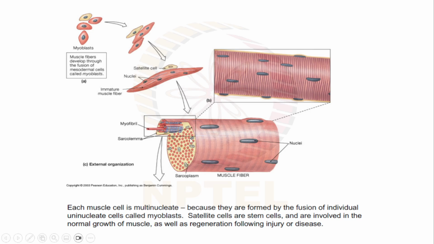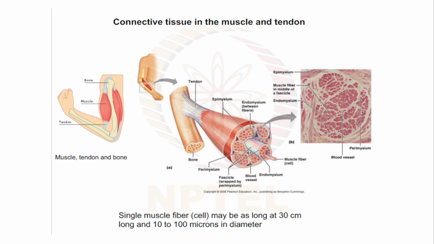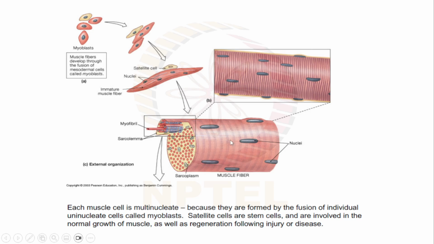Now, when we are talking about a single muscle cell, just keep this thing in mind if you are following along with me. A muscle is a bundle of different muscle cells, and a single muscle cell is a bundle of many myofibrils.